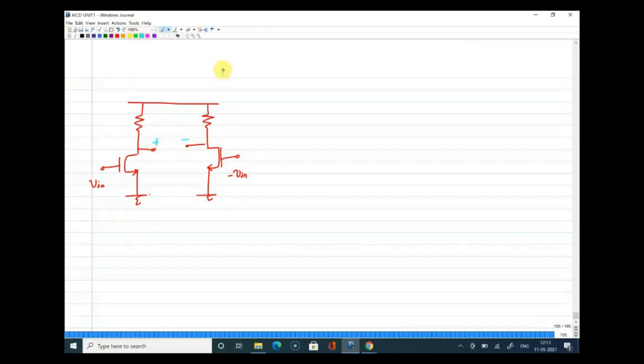Now, when we talk about power supply variations, what we are expecting from this DC power supply is that this VDD should be constant. Now, there are cases where this DC supply voltage, VDD, will not be constant. There will be some variations in the power supply. It can decrease, or it can go high, or there can be small fluctuations in the supply voltage.